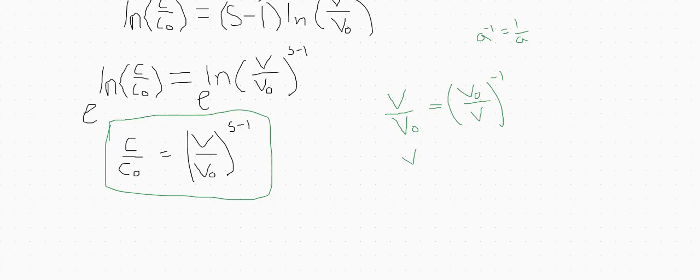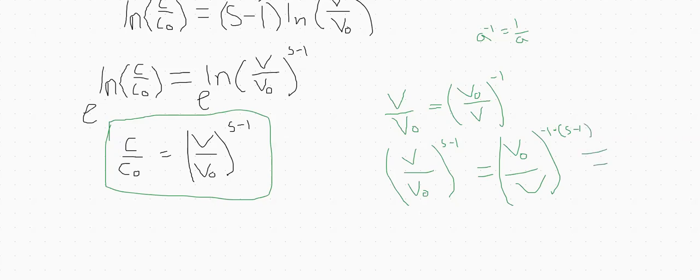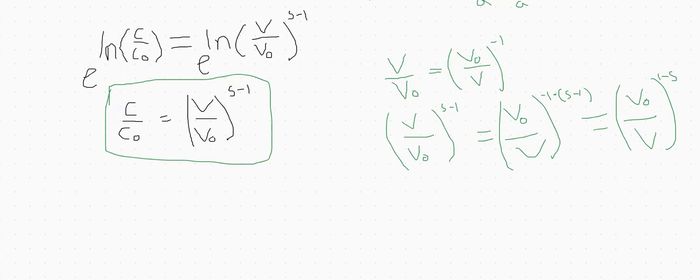Well, you can do the same thing. You can say that V over V naught, with this S minus 1, is also equal to V naught over V to the minus 1 times S minus 1, which is also equal to V naught over V, all of this raised to the 1 minus S. Okay, and we're going to write our answer like that.